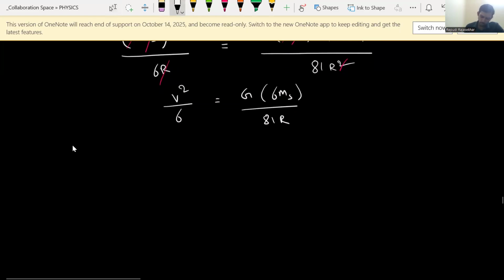Right. So v square can be written as 36 GM by 81r. The v value, time period we want.